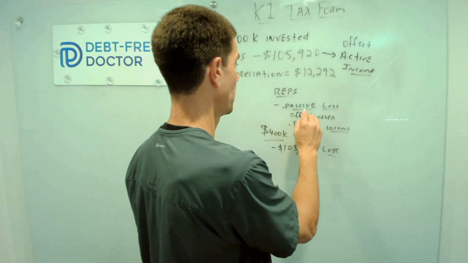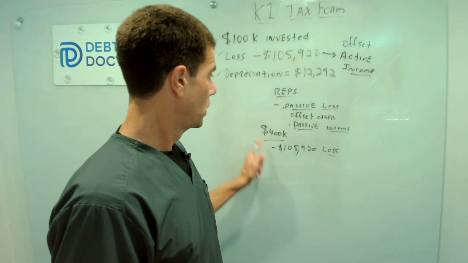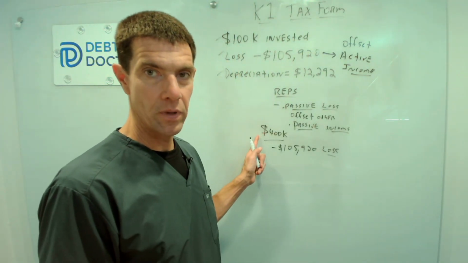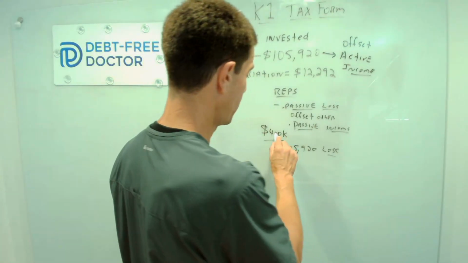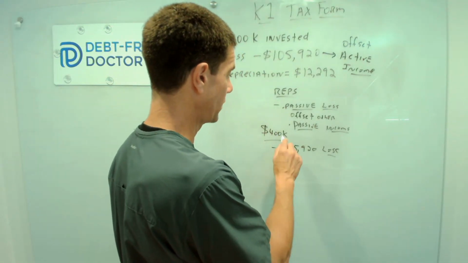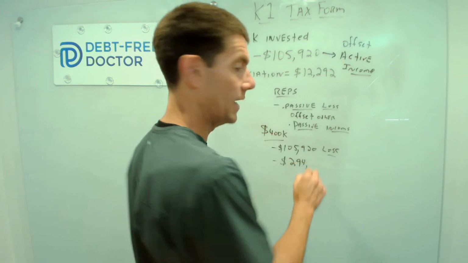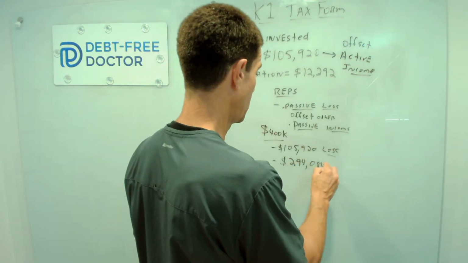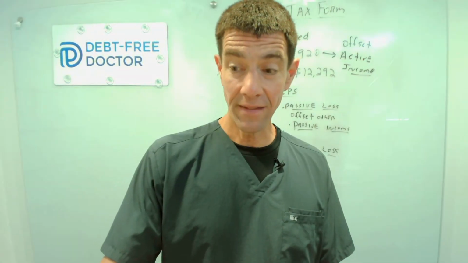Remember, before it was only a passive loss. You could potentially take that loss to reduce your $400,000 taxable income. So now when you subtract 105,920 from this, you're left with $294,080. Okay. That's a potential six-figure deduction from just one investment.